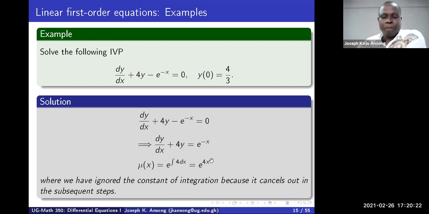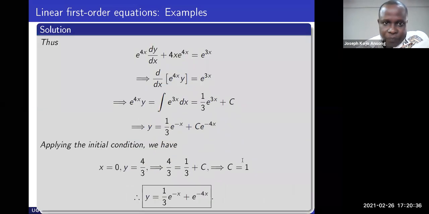Okay, good. So now that you have your integrating factor, go back to the differential equation in the standard form and multiply through this equation by your integrating factor. When you do that, you get this equation here. Now the right-hand side is fine.